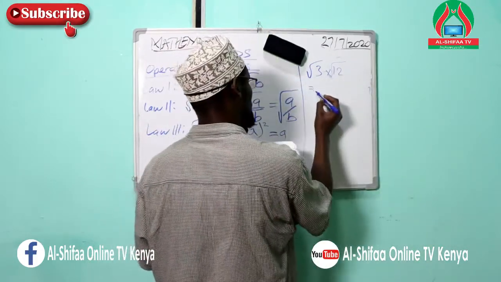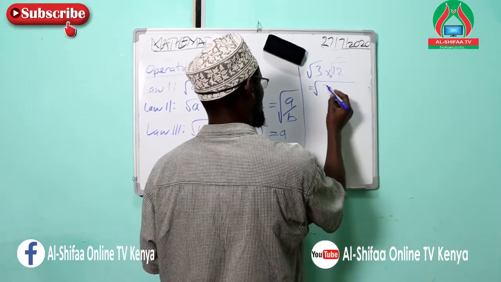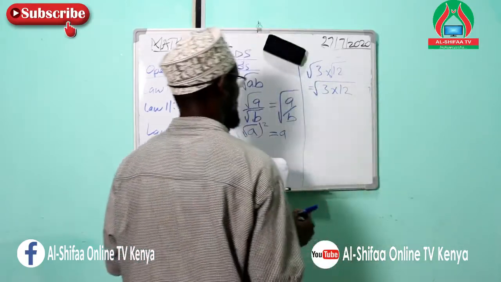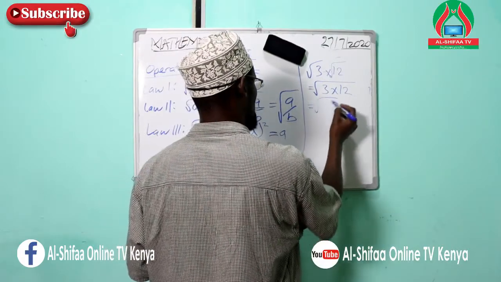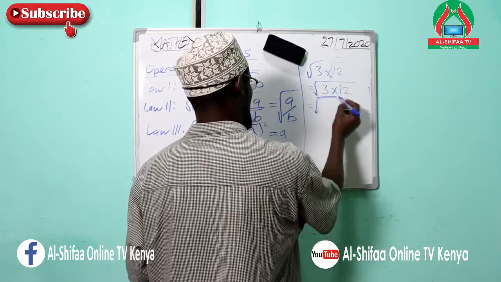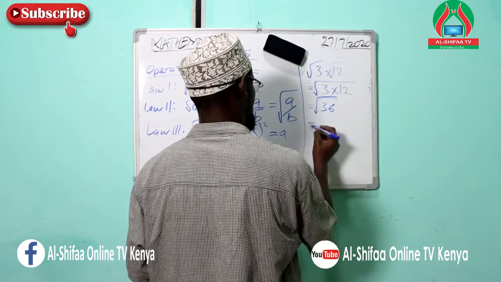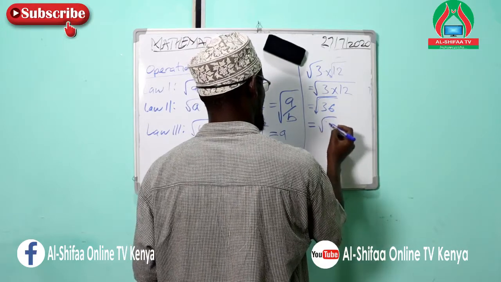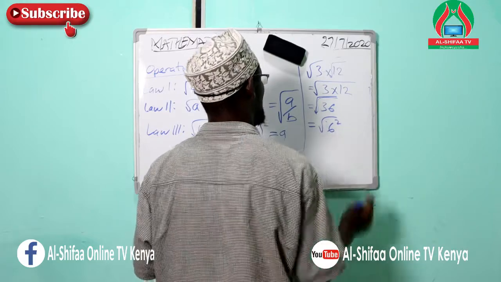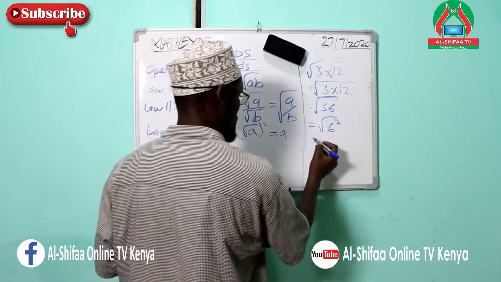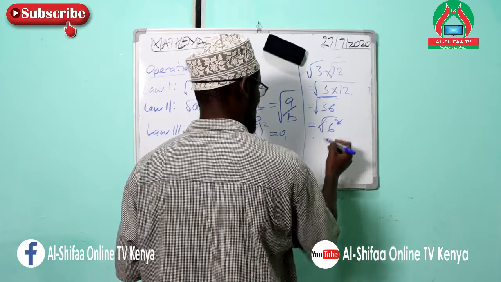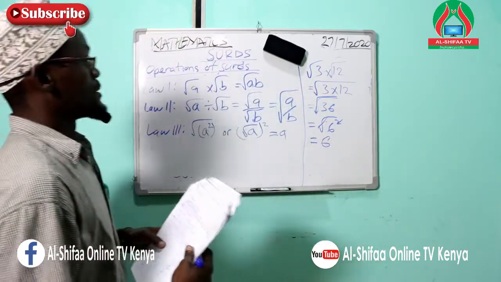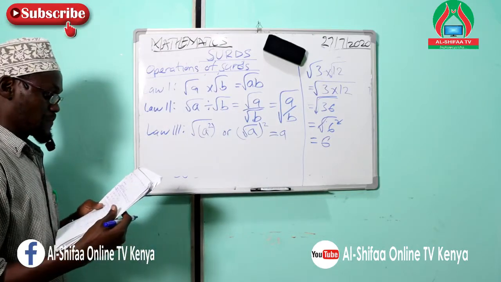This is equivalent to 3 times 12 under root, which is equal to root 36, which is equal to 6. Or we say root 6 squared, which is equal to, the root will cancel with the square and we will remain with 6. That's our first example.